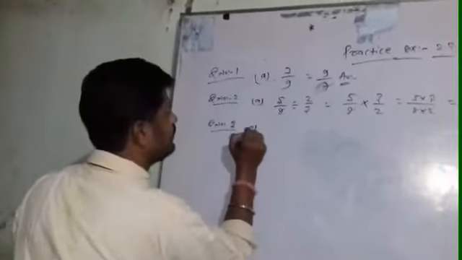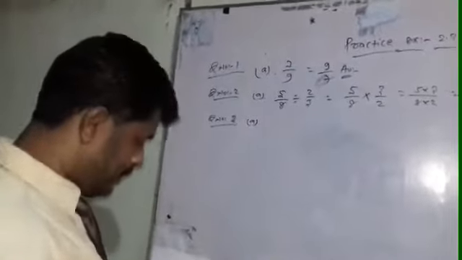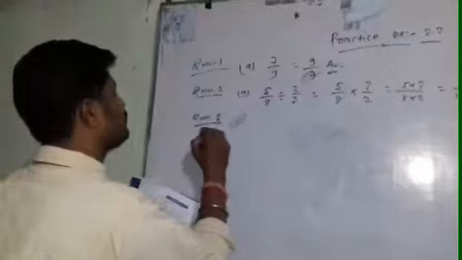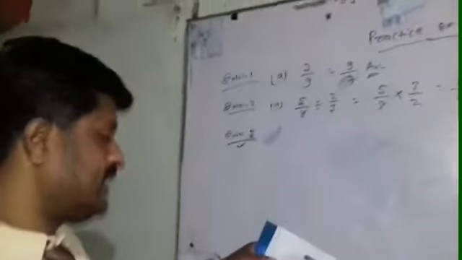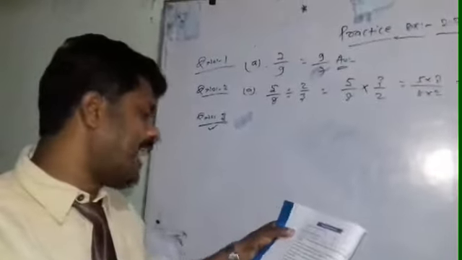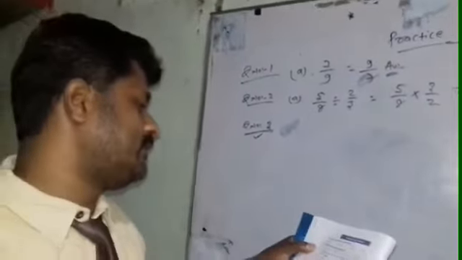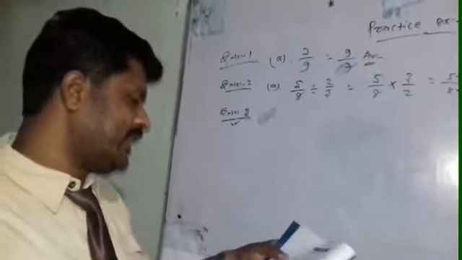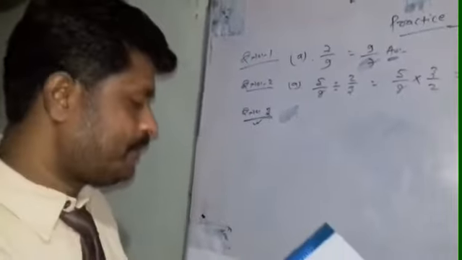Question number 3 has no subsection. Question number 3 says that if 5 whole 1 by 3 liters of milk are to be divided between 8 children, how much milk will each child get? Okay?